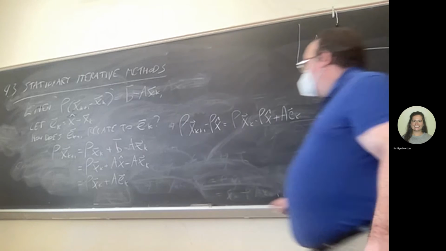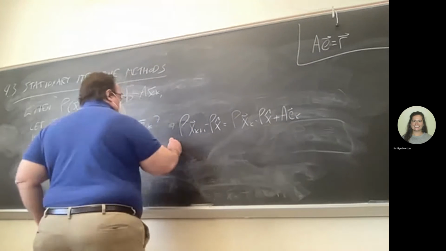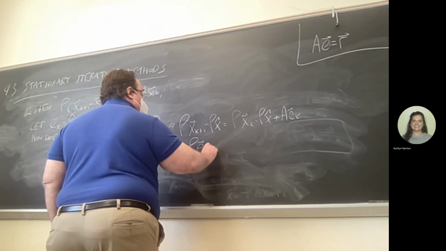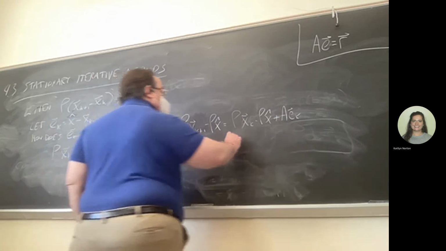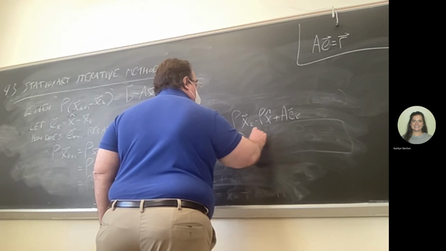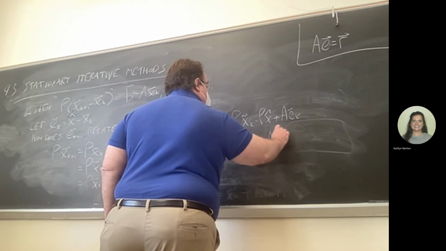Well, now I can factor out P's. So now I have minus P ek+1 is equal to minus P ek plus A ek.